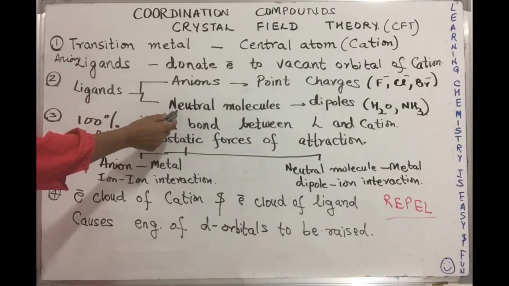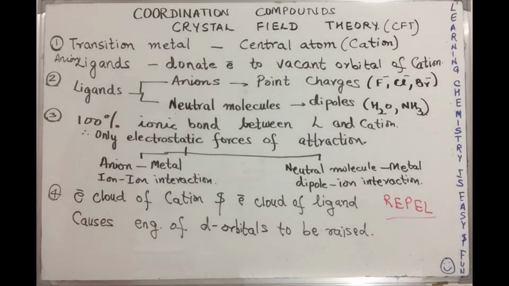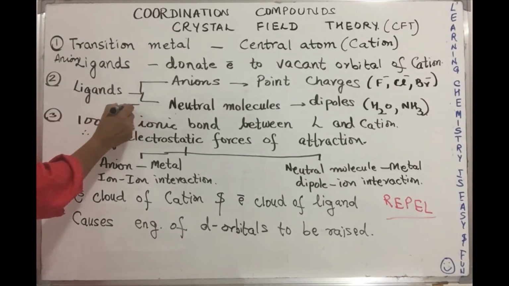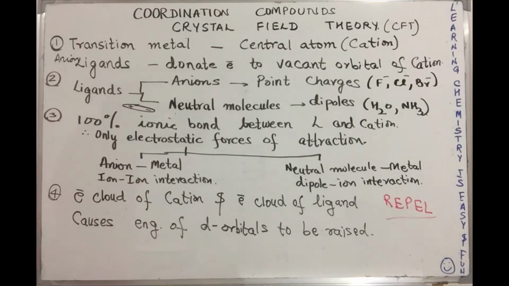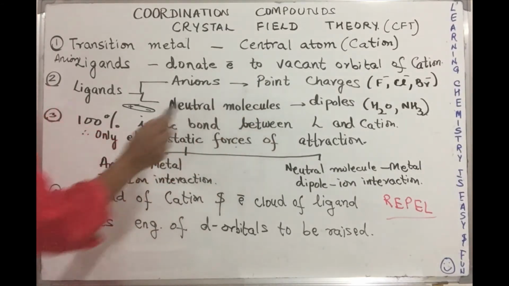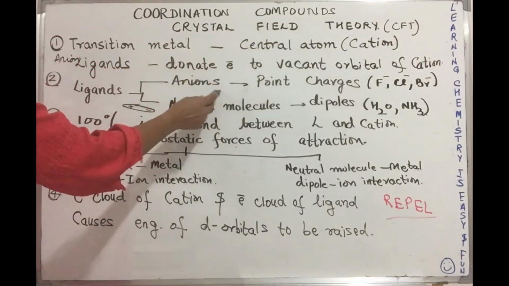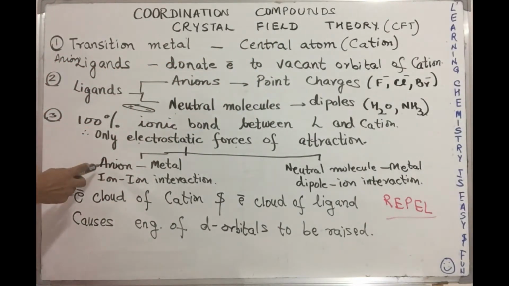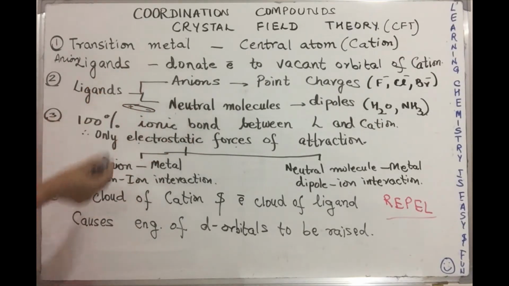If, on the other hand, the ligands are neutral molecules like water, ammonia, they are considered as dipoles having a positive and a negative end. And it is the force of attraction. Now the forces of attraction over here are the electrostatic forces of attraction between the cation and the point charge, which will be called the ion-ion interaction, because one is a cation, one is an anion.